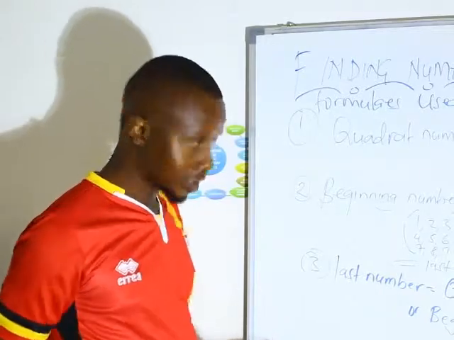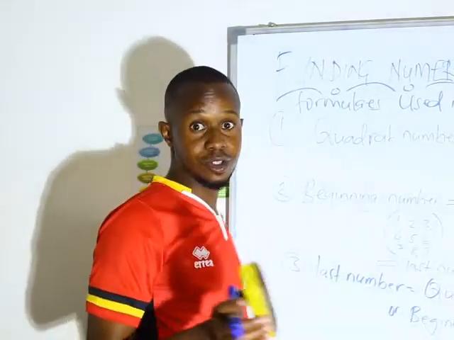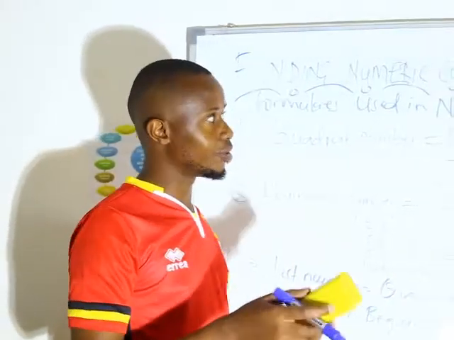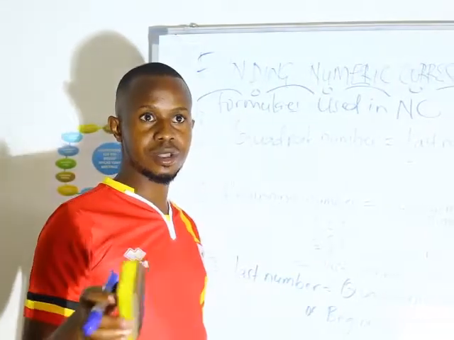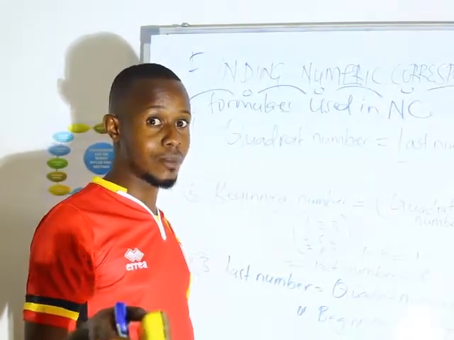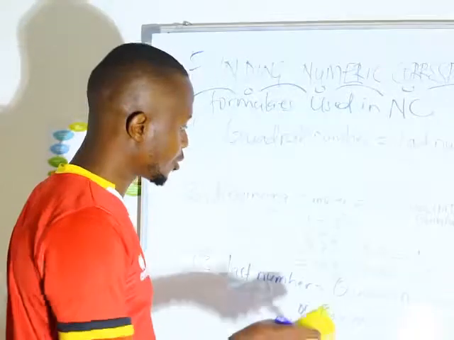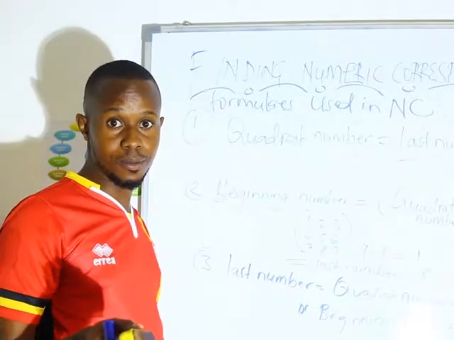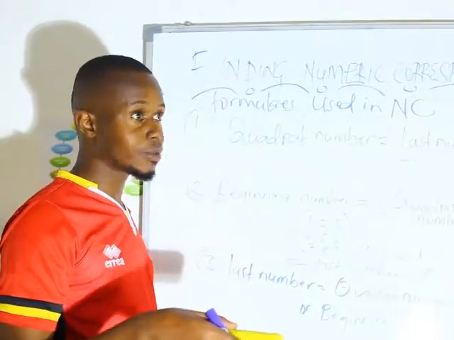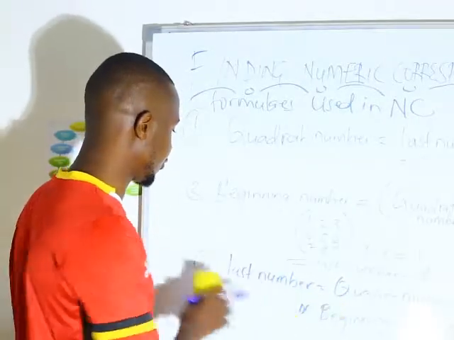So let us go into questions and do some examples so that people can understand more about numeric correspondences, because you won't be able to apply these formulas unless you know how the questions involve them.